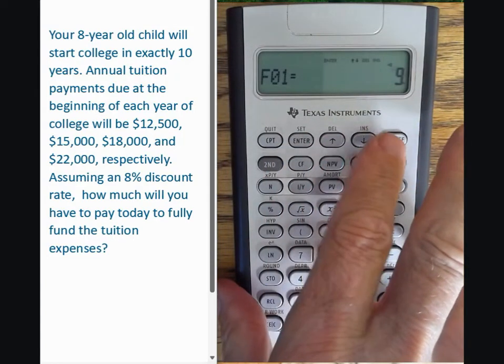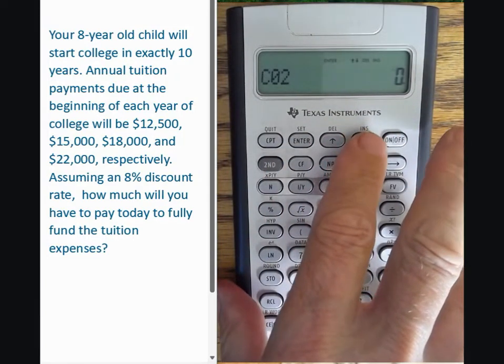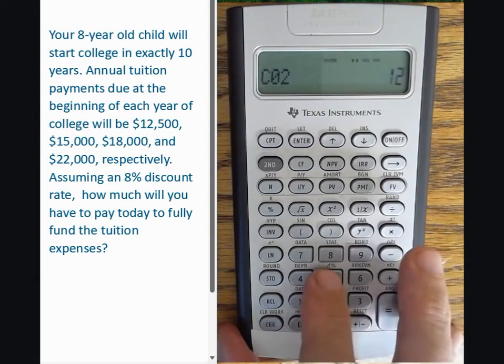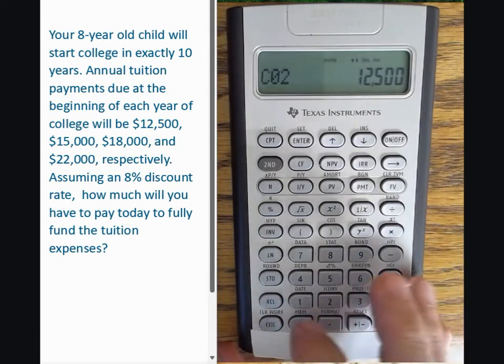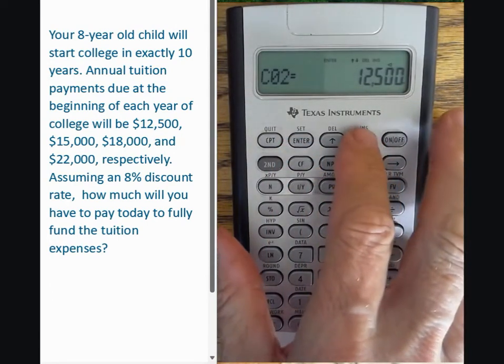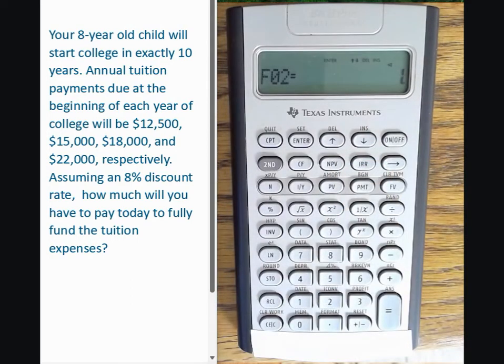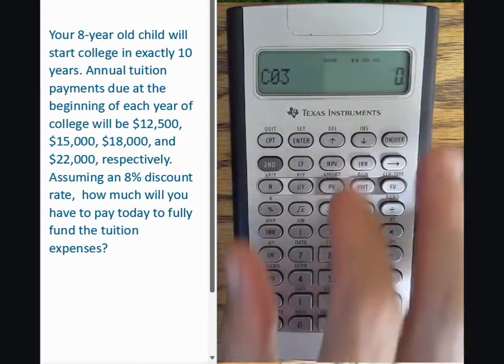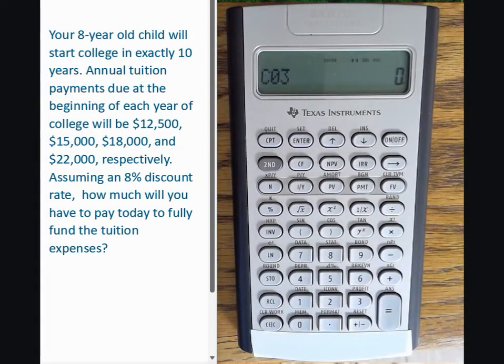See the equal sign. I'm going to press the down arrow. My first payment will be $12,500. I'm going to press the enter button. Down arrow. 1 is the default for frequency. There's only one of those payments. I'm going to leave that. If I had 2 of those in a row, I would just press 2 and then enter.